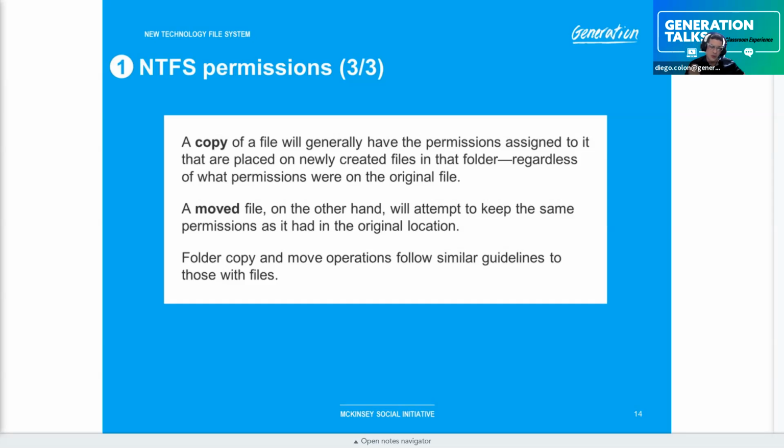So when I copy a file from Pepe's folder to Mickey's, it cares less about Pepe's. Whatever's in Mickey's folder, that's my new set of rules. Compared to when I move Pepe's folder inside Mickey's, Pepe's rights are still intact.